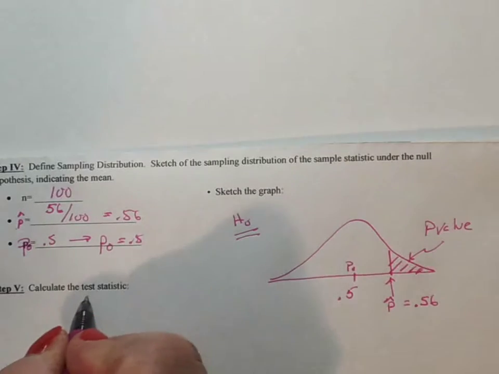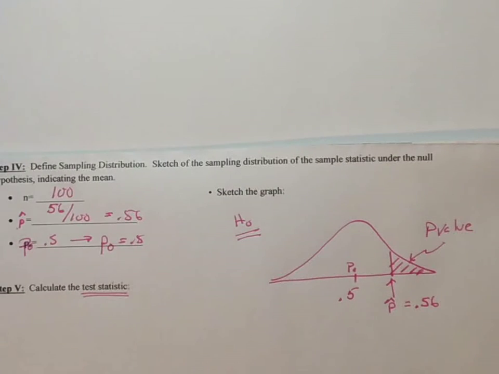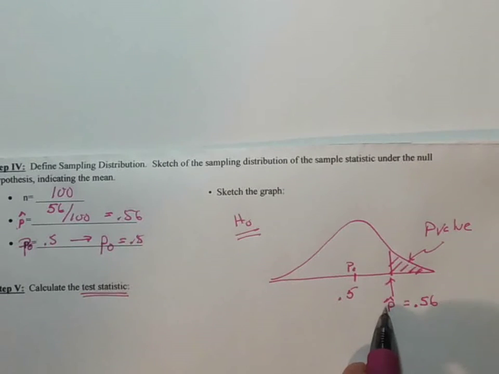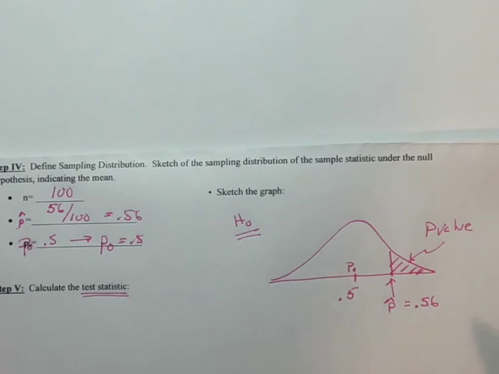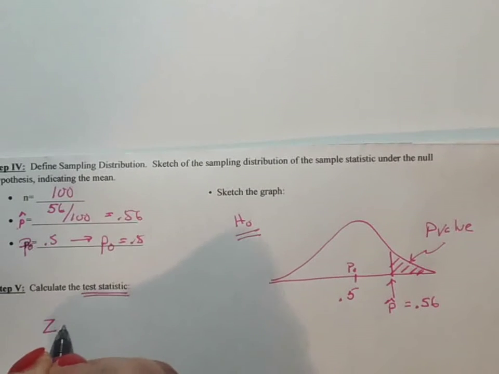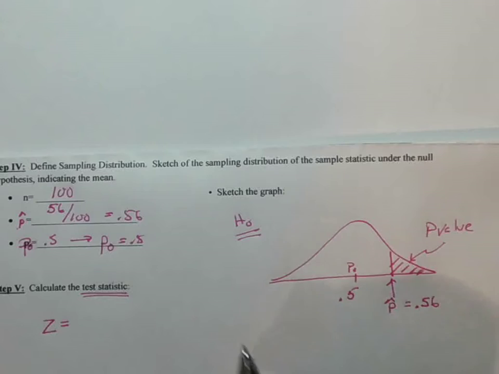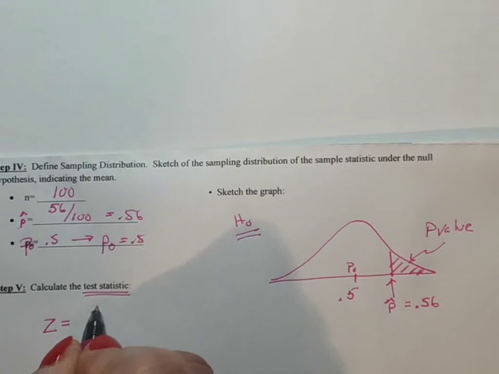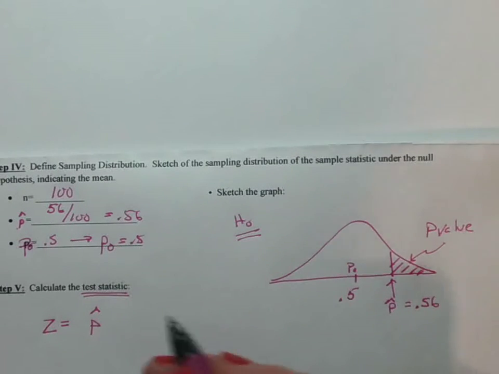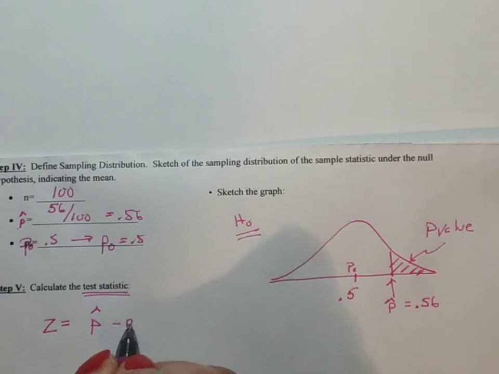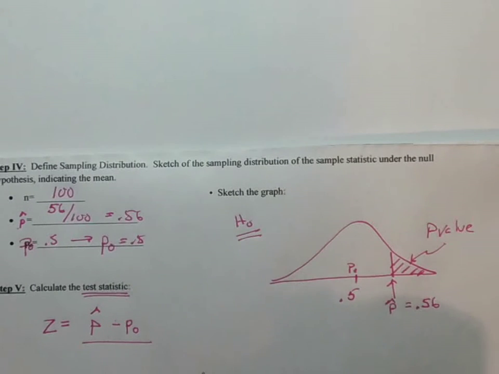Okay, now to calculate the test statistic. The test statistic is a standardized z-value for this p hat and how far it is from p naught. So the test statistic is going to be z, and we want to know how far p hat is from the null hypothesis.